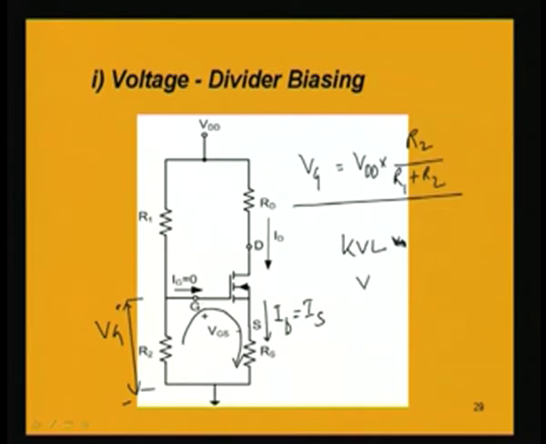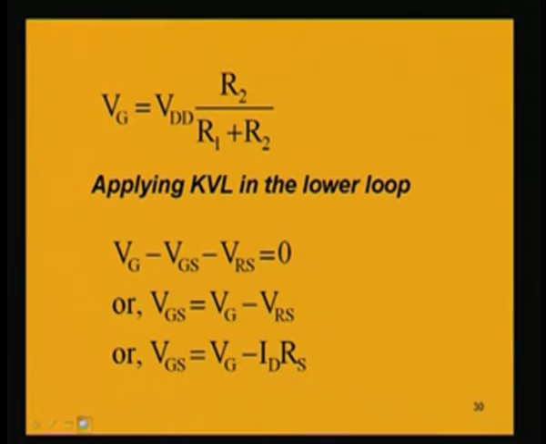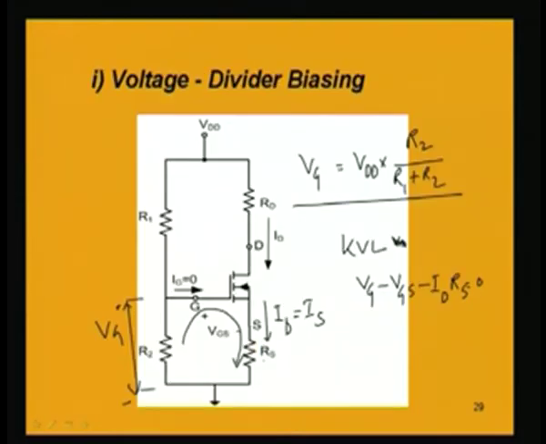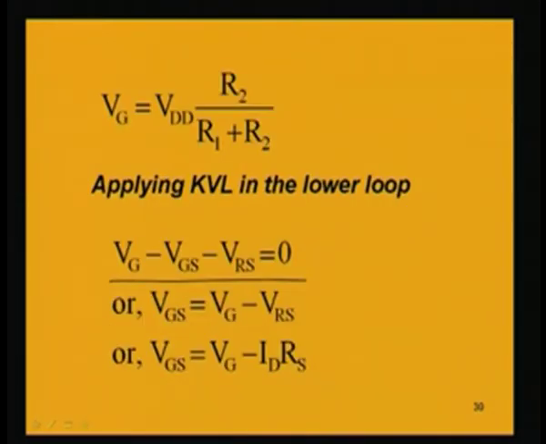Now, if we write Kirchhoff's voltage law in this loop, it will be VG minus VGS minus ID into RS equal to 0. That is what is written here: VG minus VGS minus VRS, meaning the voltage across the resistance RS, is equal to 0 using Kirchhoff's voltage law.